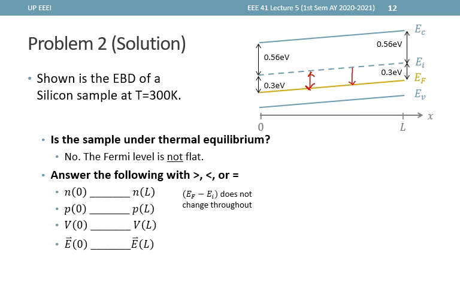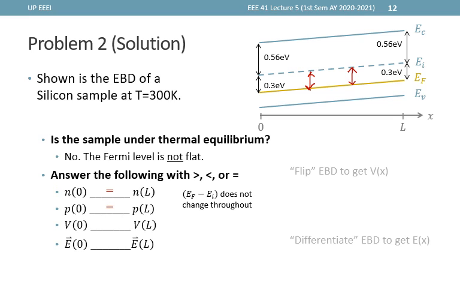And therefore, we can say that the electrons and holes at the left side are equal to the electrons and the holes at the right side, or actually throughout the material, and thus N at 0 is equal to N at L, and P at 0 is equal to P at L.